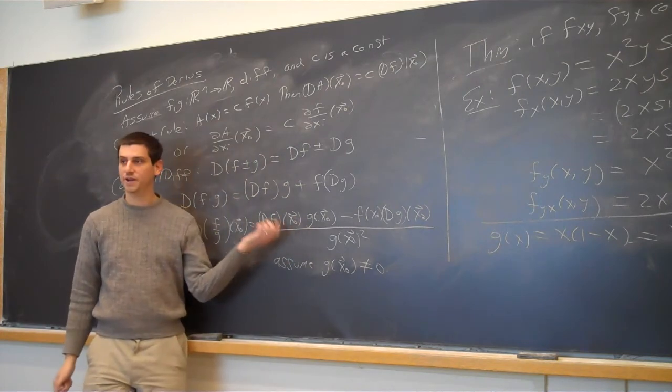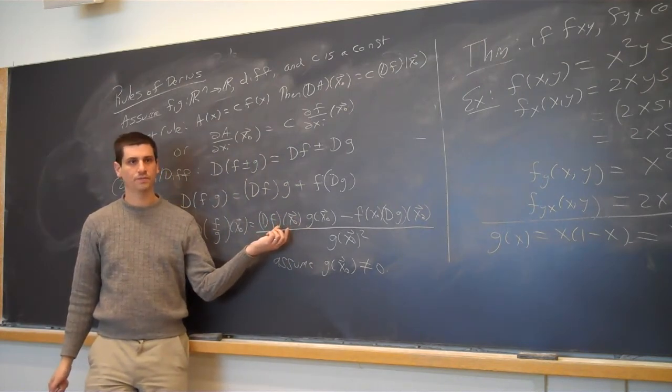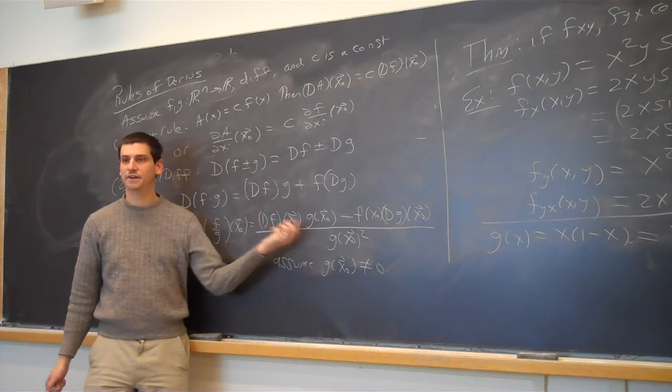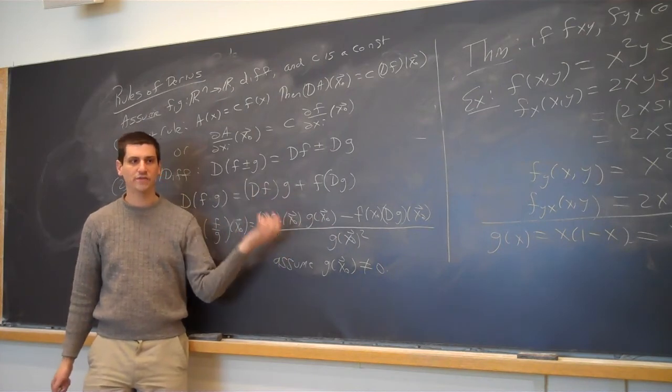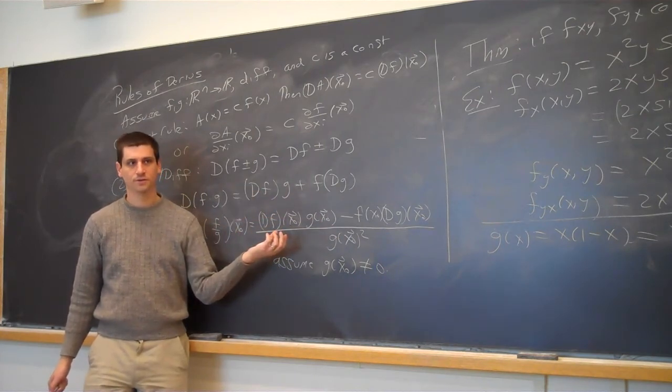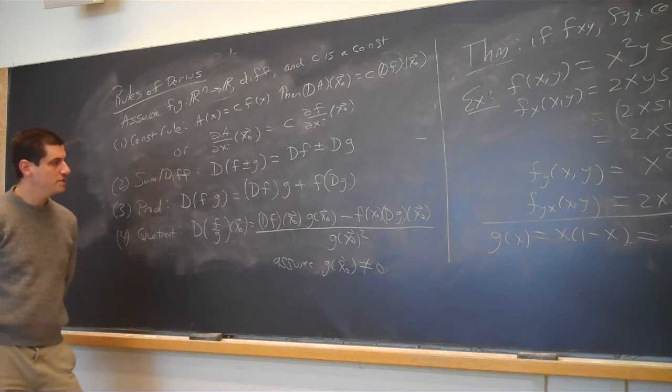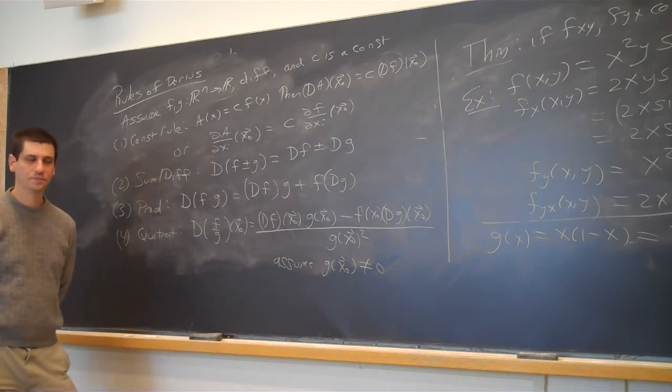Have I divided by a vector? Is g of x naught a vector or a number? It's a number. So this is okay. We haven't done anything wrong. Okay? The proofs of these are very similar to the proofs in one dimension.